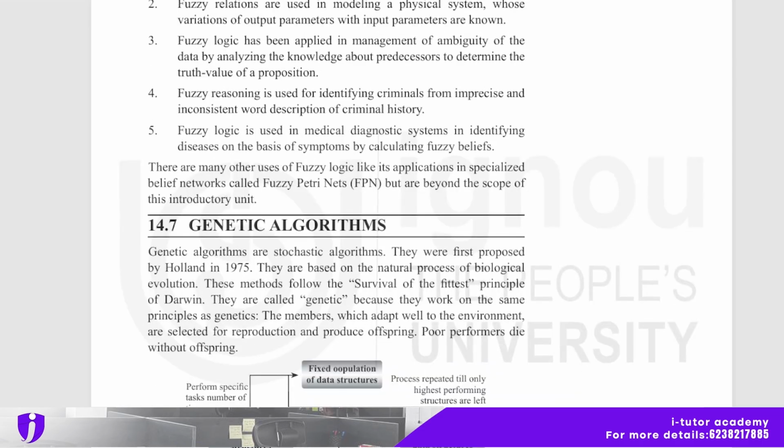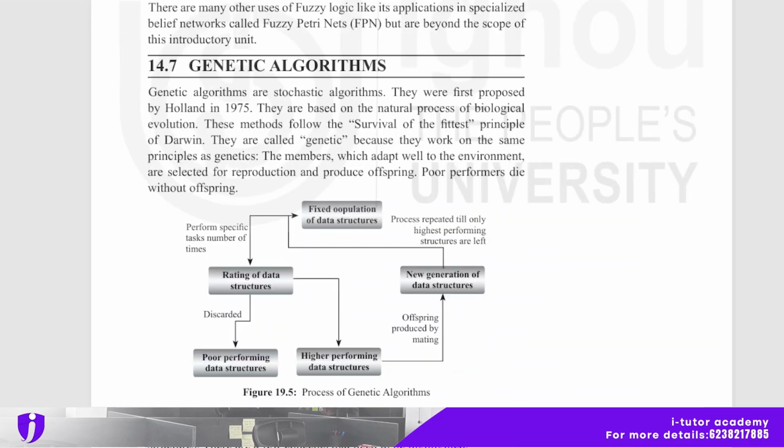Next is genetic algorithm. Genetic algorithms are stochastic algorithms. They were first proposed by Holland in 1975. They are based on the natural process of biological evolution, and these methods follow the survival of the fittest principle of Darwin. They are called genetic because they work on the same principle as genetics.